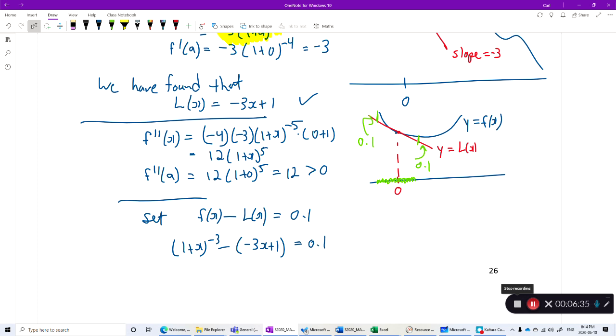Somehow we have to solve this. Let's write this in a slightly more familiar way. So this would become plus 3x. This would become minus 1 equals 0.1.